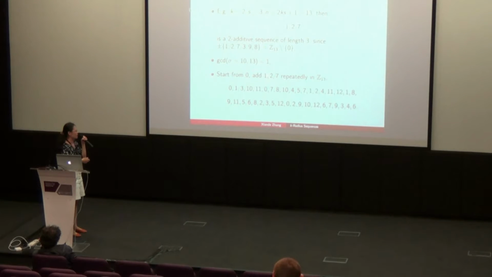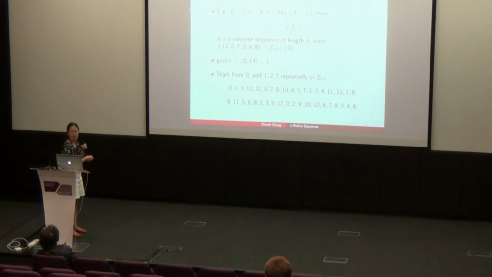So by adding these elements repeatedly, we get a long sequence. And finally, this sequence will come back to the beginning of this sequence. So you can check: you add 1, 2, 3, here you get 4, and add 2 to 4 you get 6, and add 7 to 6 you get 0 again, and then add 1.